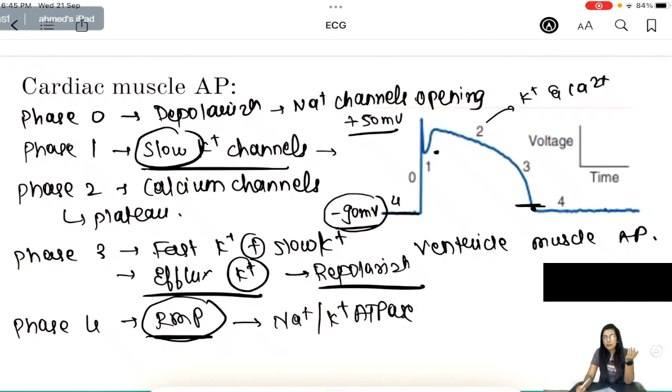As you have read about Na plus K plus ATPase, Na plus will bind the intracellular part of this pump and K plus will bind the extracellular part of this pump, and it will rotate 180 degrees. That's how potassium comes back inside the cell and sodium goes outside the cell. So this is the resting membrane potential.